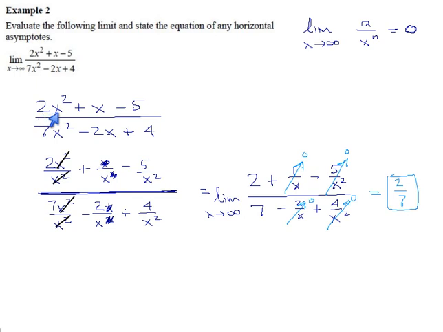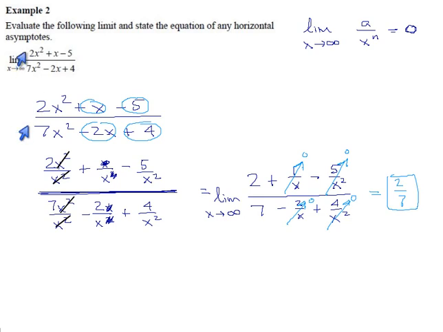This term is getting much bigger than the others, to the point where you can ignore them. Compared to this 2x squared, the other terms, the minus 2x and the 4, are too small to matter. So really, this limit just comes down to a fight between 2x squared and 7x squared. The ratio of those two terms is always going to be 2 over 7. The x squareds will always cancel each other, and the 2/7 is the only part that will survive.